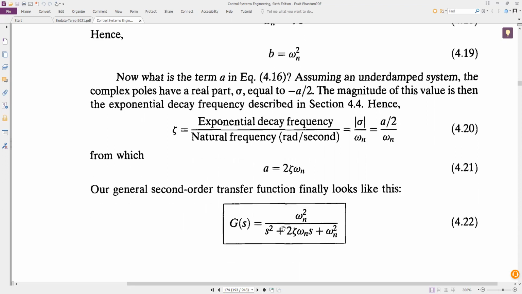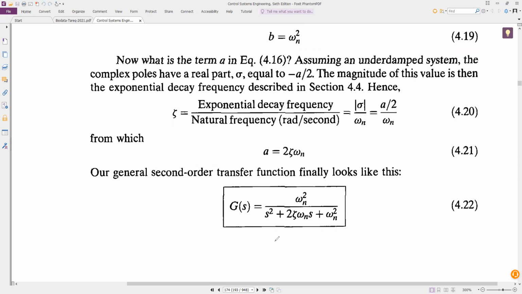So finally, in terms of omega n and zeta, we can write G(s) is equal to omega n square divided by S square plus 2 zeta omega n S plus omega n square.